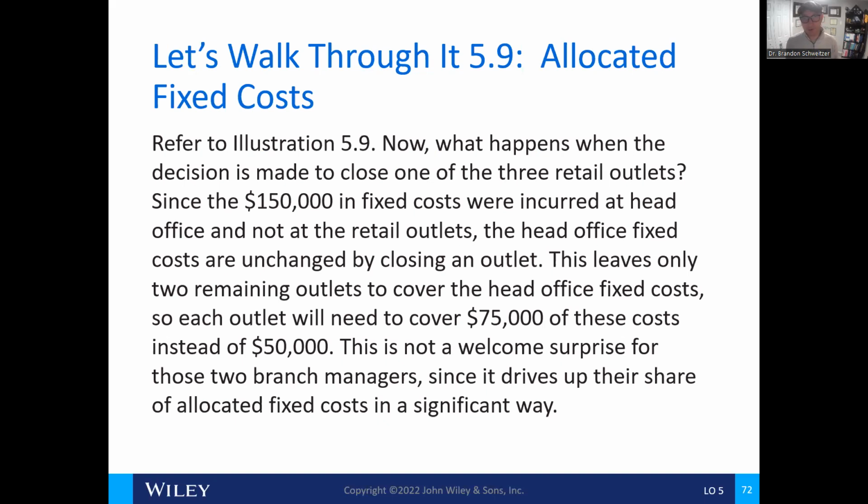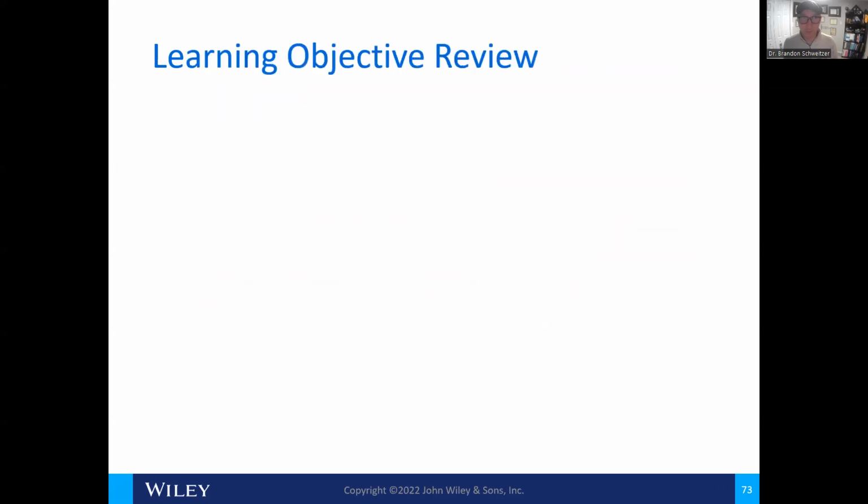If the fixed costs remain unchanged by closing one of the stores, then those 2 remaining stores receive the total $150,000 spread evenly, which means that their new fixed costs would be $75,000 respectively instead of $50,000. Because remember, the allocated fixed costs remain the same regardless of the number of locations it being distributed to or allocated to.